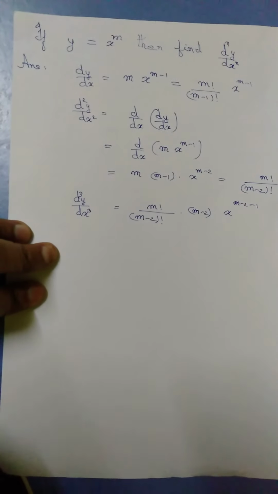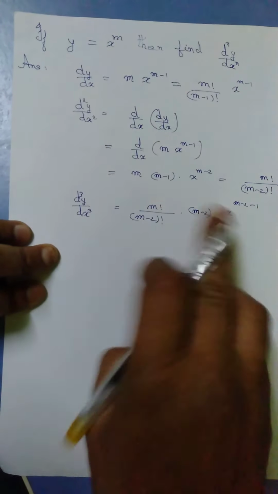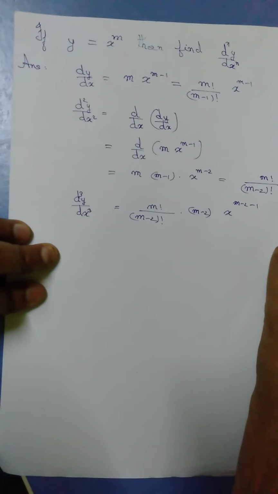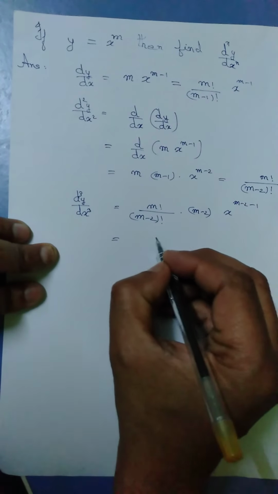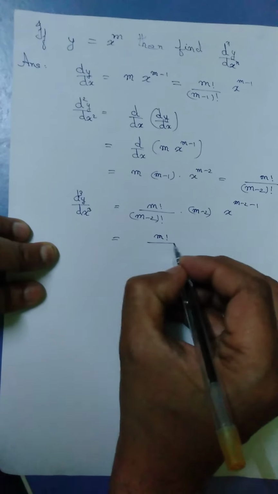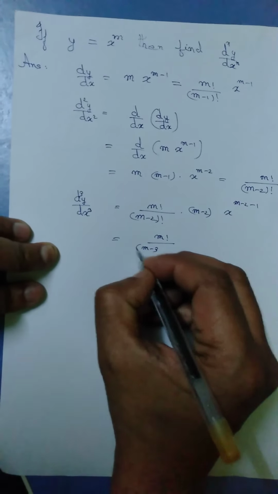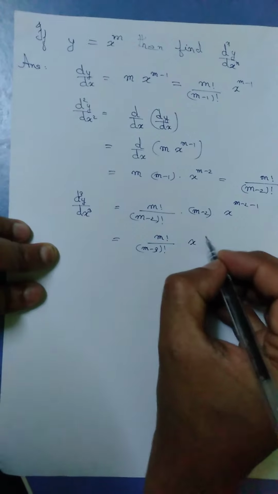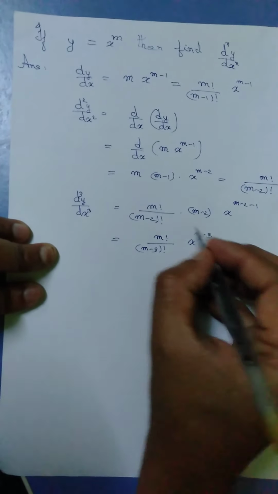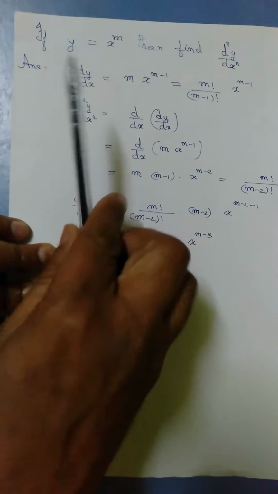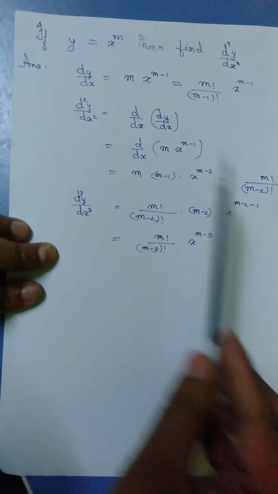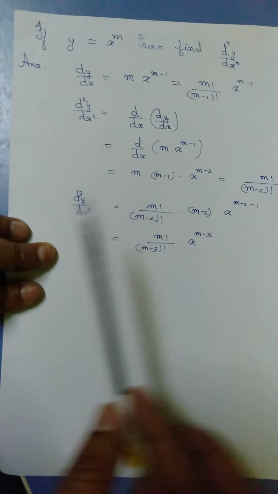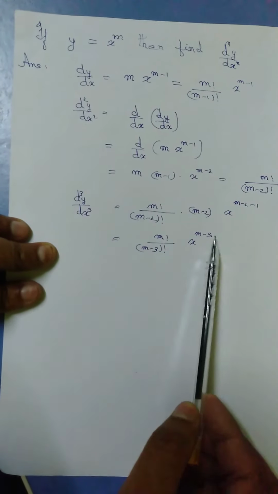Here if we assume m greater than or equal to 3, then I can write it as factorial m by factorial m minus 3 into x to the power m minus 3. Note it, for the first derivative, I have got minus 1 here. Second derivative, we have minus 2 here. Third derivative, we have minus 3 here.